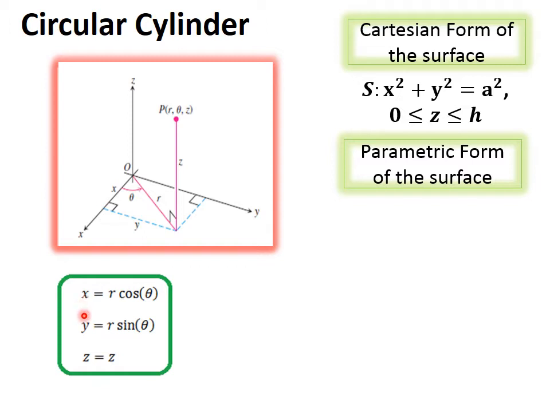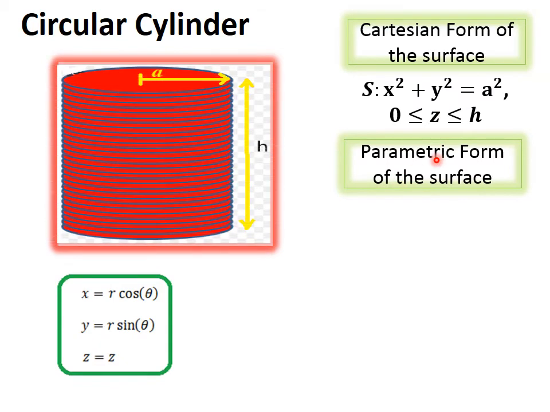What is the transformation to move from xyz space to r theta z space? x equal to r cos theta, y equal to r sin theta, z equal to z. Now we are using the cylindrical coordinate transformation to represent the cylinder in the parametric form. How?